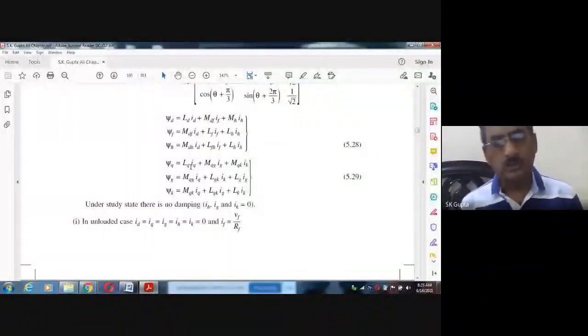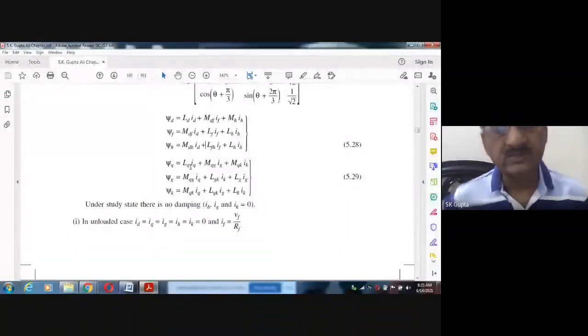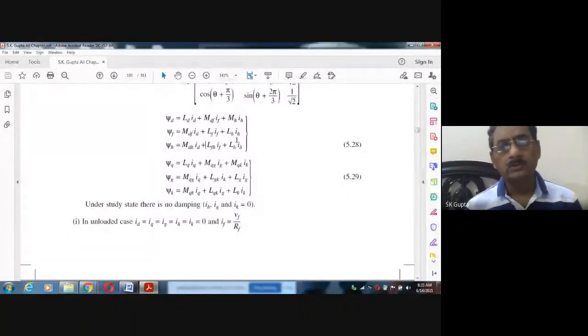So IH, IG, IK will be 0 in steady state. Steady state में IH, IG, IK will be 0. IH means this will be 0, and IG and IK are 0. तो ये पोर्शन देखिए, IG and IK, they will be 0.